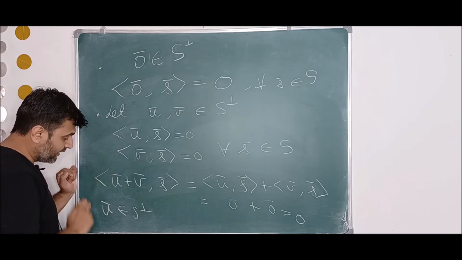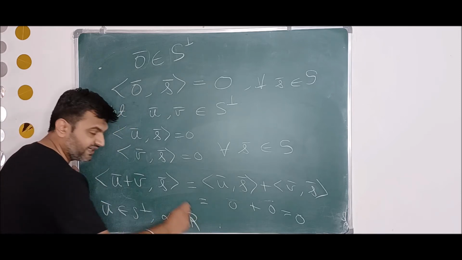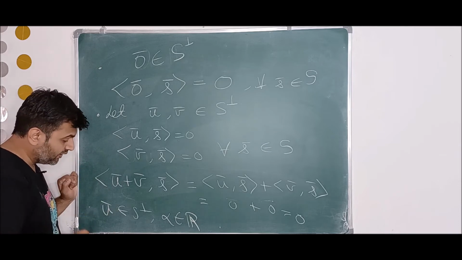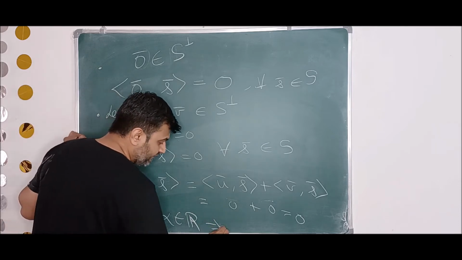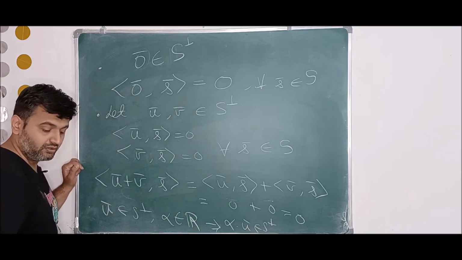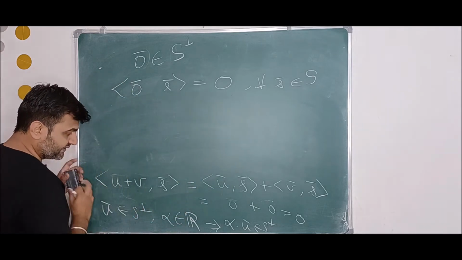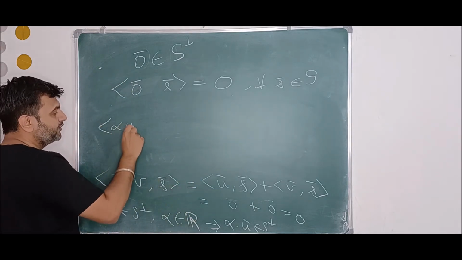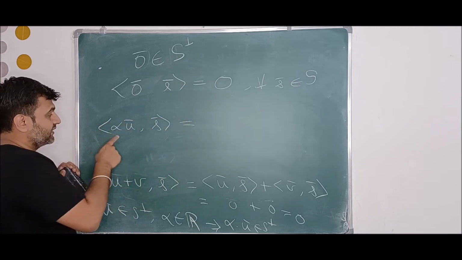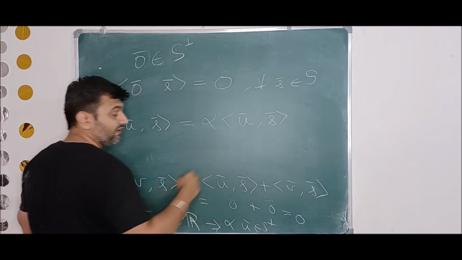Now the third condition: if U bar is in S perp and alpha is a real number or any scalar, real or complex or rational or any element of the field, the question is whether alpha times U bar belongs to S perp or not. That is also true. Why? What is the inner product of alpha U bar comma S bar? Again by a property of inner product, alpha comes outside: alpha times the inner product of U bar comma S bar.